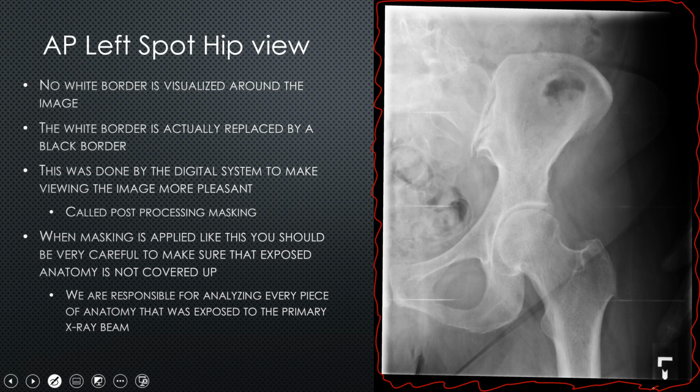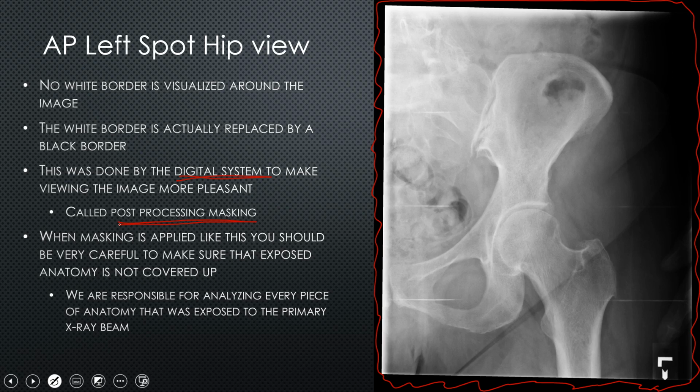So what we're actually seeing is the digital system making it a little more aesthetically pleasing to the eye, and this is called post-processing masking. It's only done on digital imaging. When it's applied, just make sure that you're not cropping out any of the pertinent anatomy that you should be seeing on here.